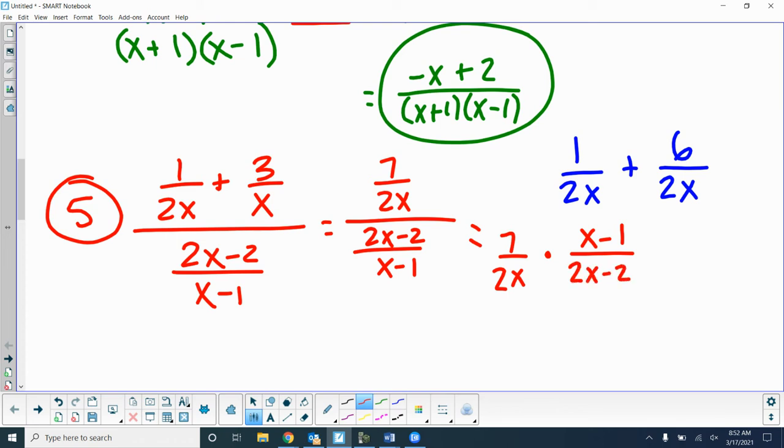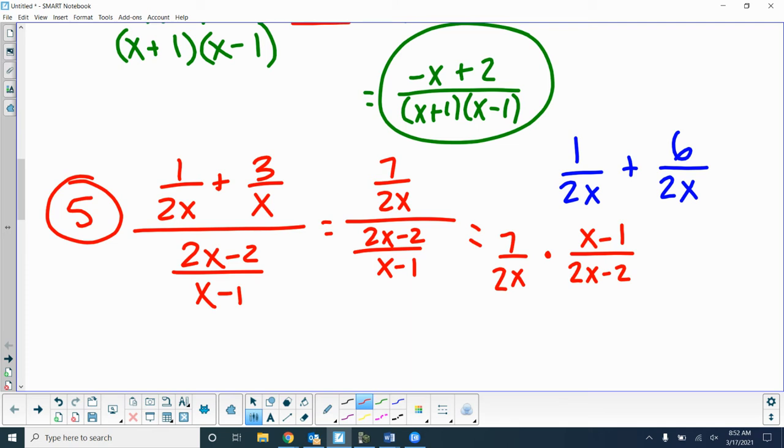All right, so there's my problem. You with me so far? All right. Now, when it's multiplication, I don't need common denominators. I just need to factor anything I can factor. Is there anything I can factor? Yeah, the 2x minus 2 I can factor.